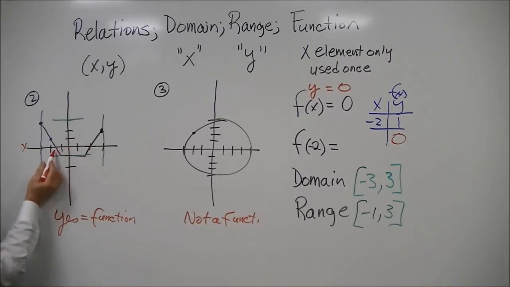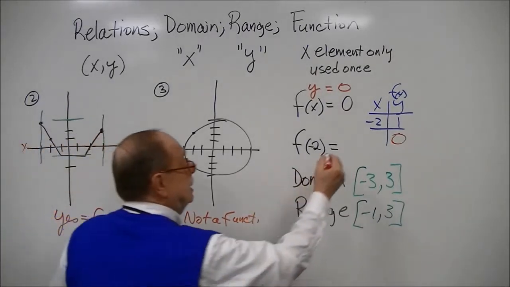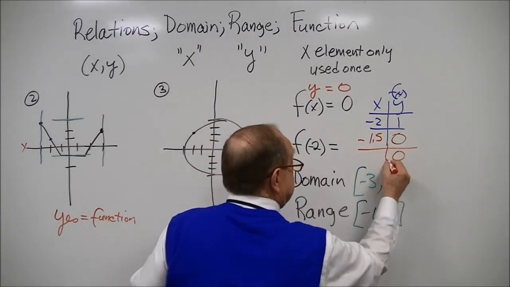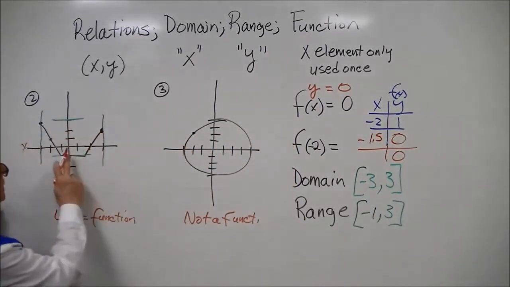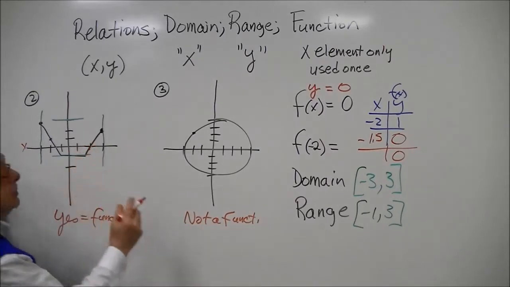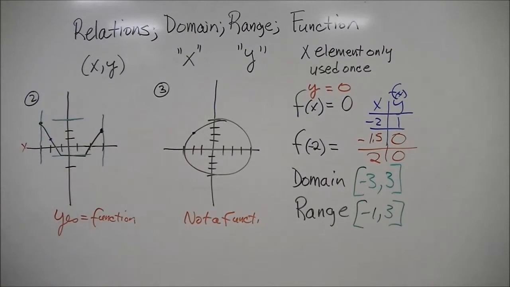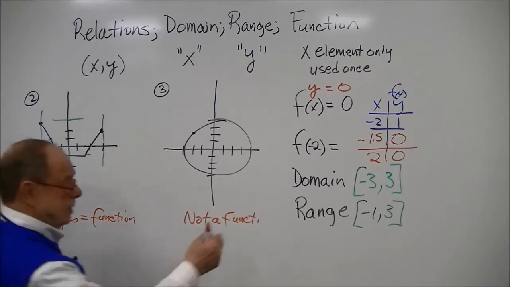Here, this one looks like a negative 1.5. And since there are 2, this other one is crossing at 2. So we have two values for x, a negative 1.5 and a 2.